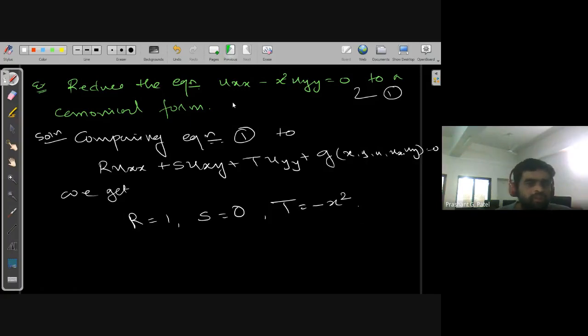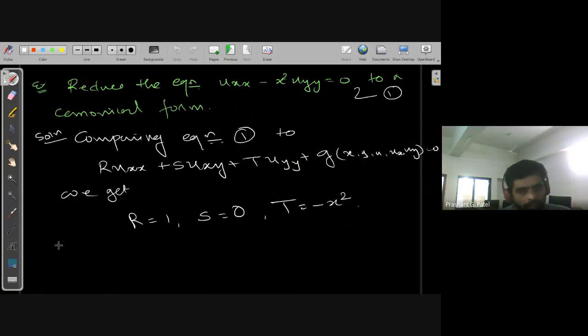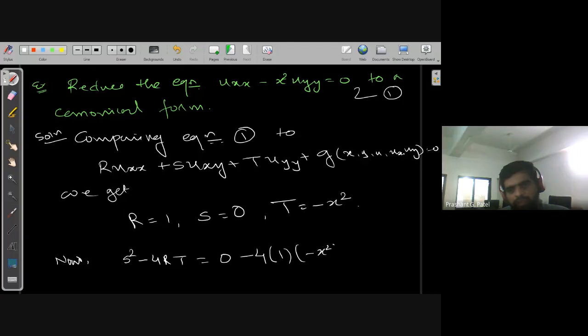Now we have to check which of these conditions will be satisfied. That means S square minus 4RT is positive, negative, or 0. So now let us find out what is S square minus 4RT. As you know, S is 0, so it is 0 minus 4, R is 1 and T is minus x square. So this will give me 4x square, which is always positive.